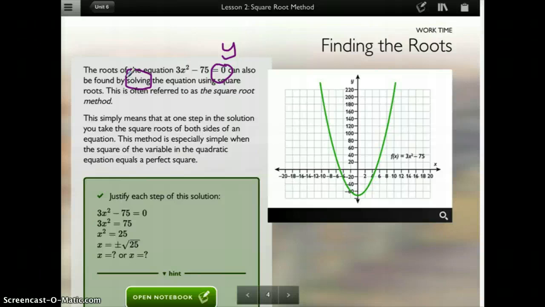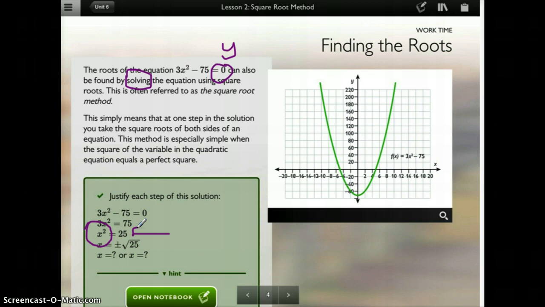Okay, now square roots are simply because of this value right here, this x squared. I need to get that x by itself, so I'm going to square root to find the answer. This simply means that one of the steps in the solution, you take the square root of both sides. So this is that step it's talking about. You're going to find the square root of x squared, you're going to find the square root of 25, and you're going to find your answer.